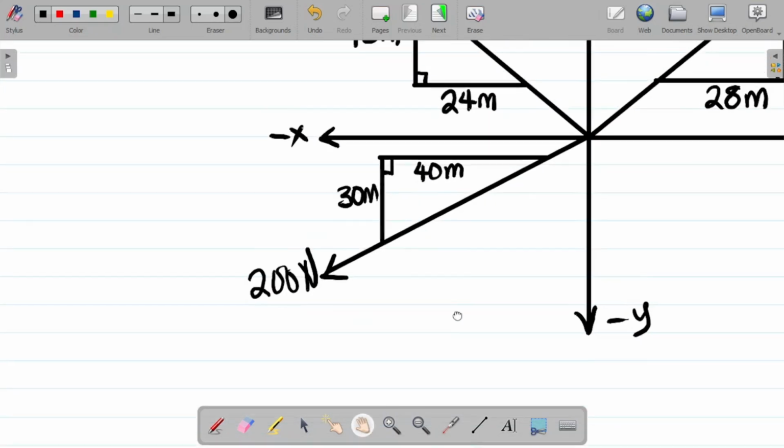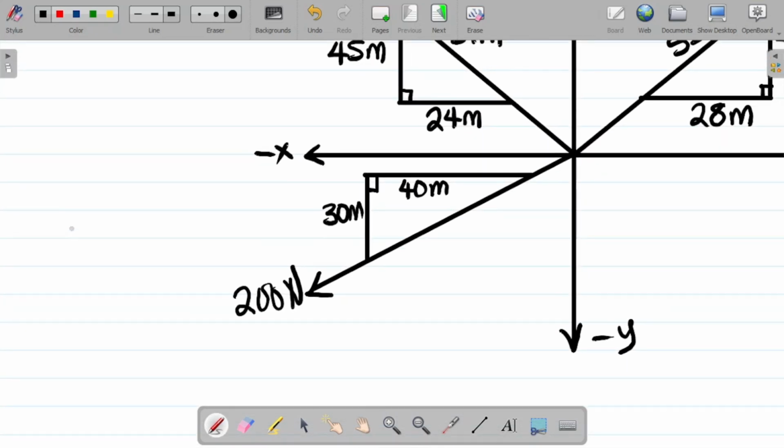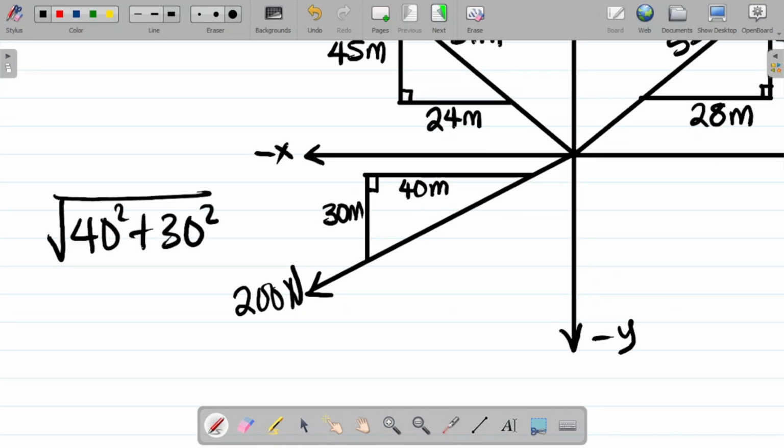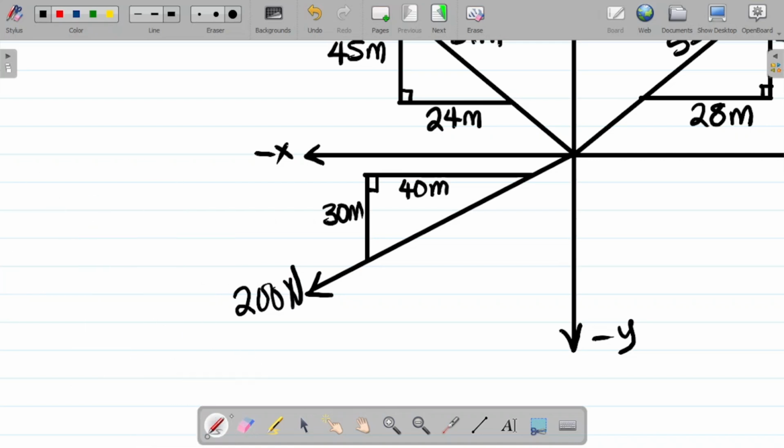Let's look at the last one. For the last one, what you have there is the square root of 40 squared plus 30 squared, and if you punch that, your answer is 50. In essence, the value here is 50 meters.